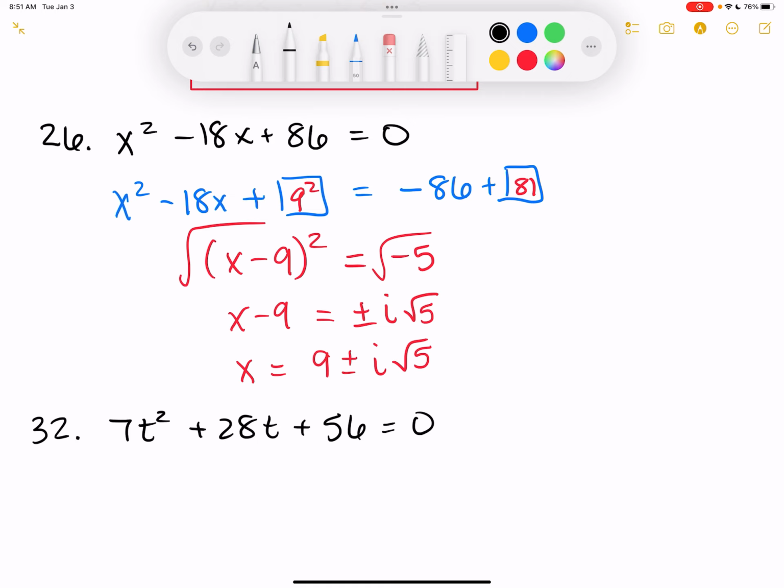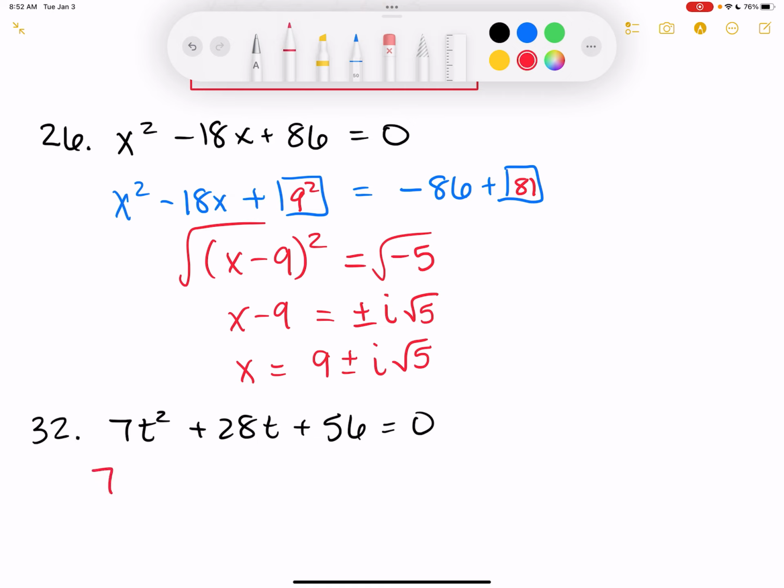You can take out a 7. Okay, so first of all, at the current moment, I cannot do completing the square because there's a number in front of my first term. If there's something there, I can't do it. But what I can do is see if that number can come out of everything else. And if it can, then I could proceed with completing the square. So I can take out a 7 from everything.